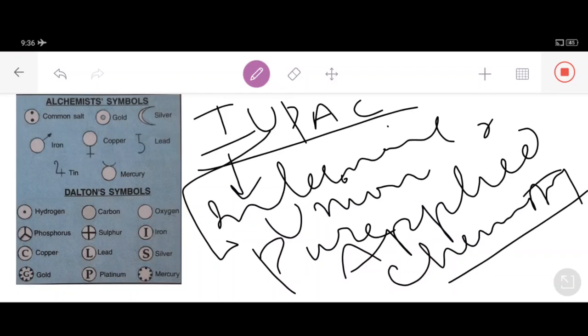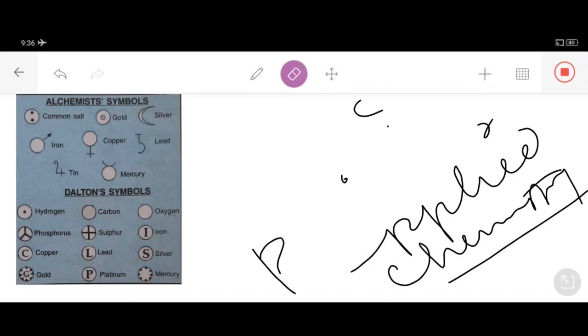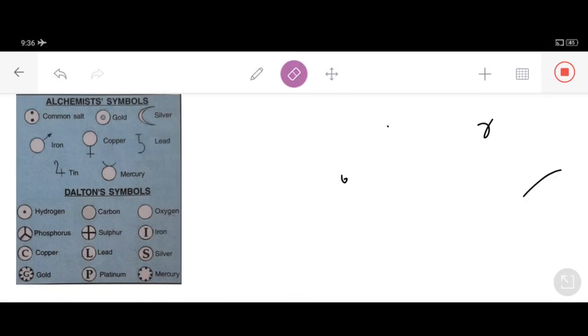Now we have Dalton symbols. The symbols for some elements as proposed by Dalton are here. When he used a symbol for an element, mark my words, dear students, he also meant a definite quantity of that element, that is, one atom of that element.